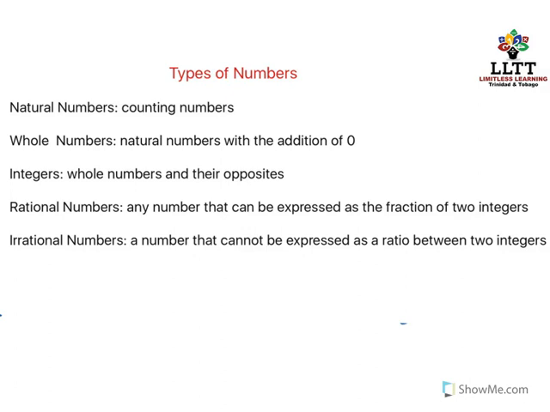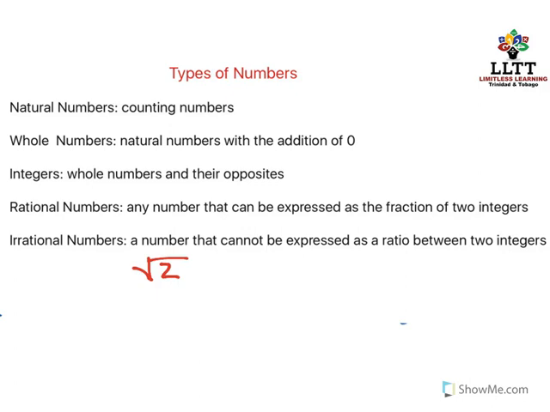It's not something that you will bounce up, but it's good to know what an irrational number is. An irrational number is a number that cannot be expressed as a ratio between two integers. So an example of an irrational number would be the square root of 2. There is no exact number that encompasses the square root of 2.